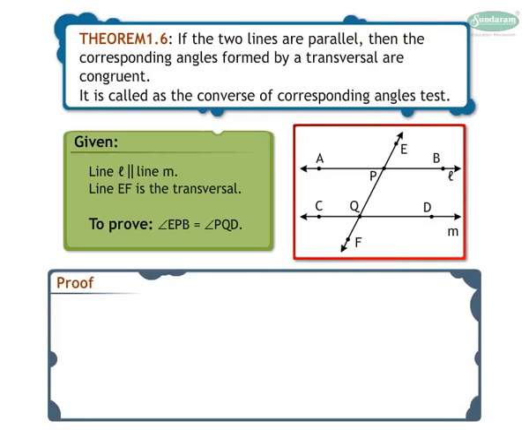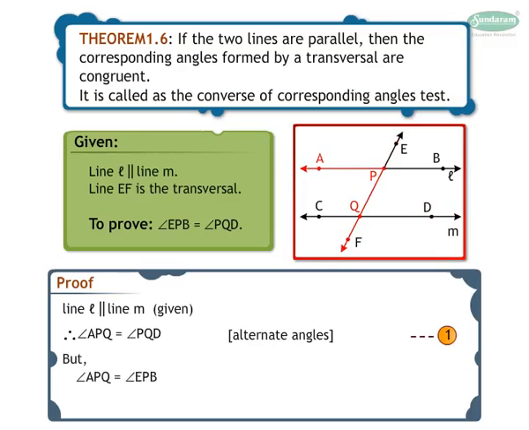Proof. It is given that line L is parallel to line M. Therefore, angle APQ is equal to angle PQD as they are alternate angles. Let us consider this as statement 1. But angle APQ is equal to angle EPB as they are vertically opposite angles.